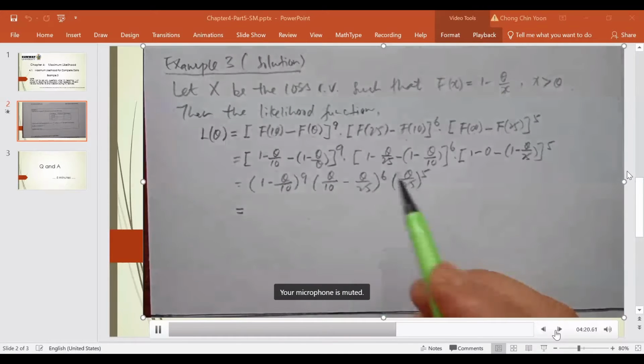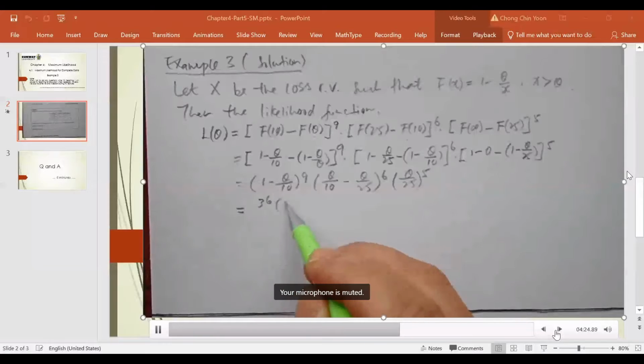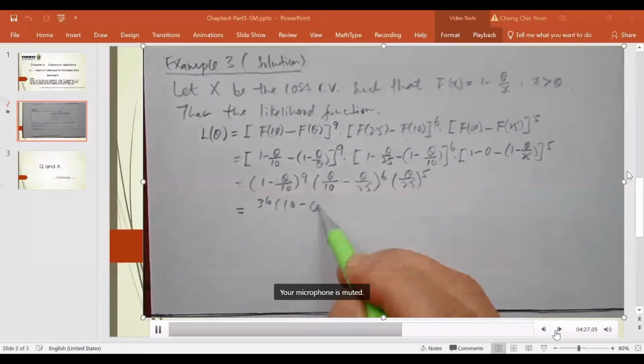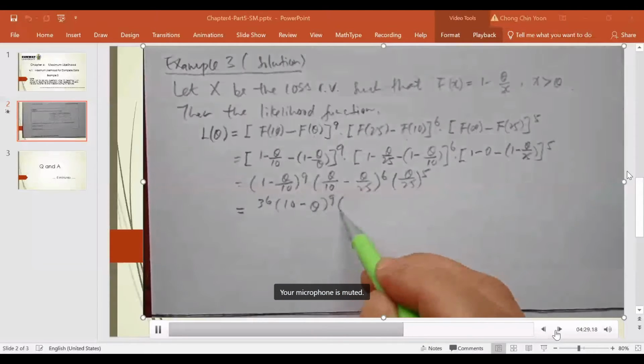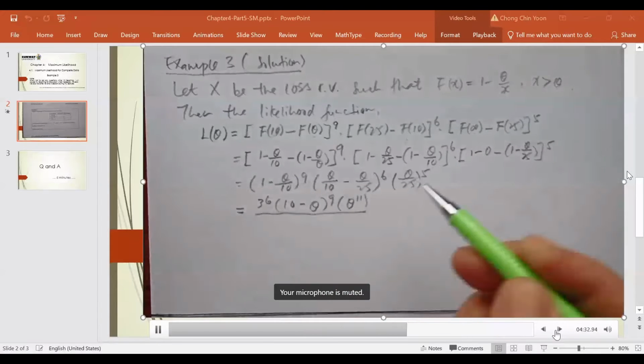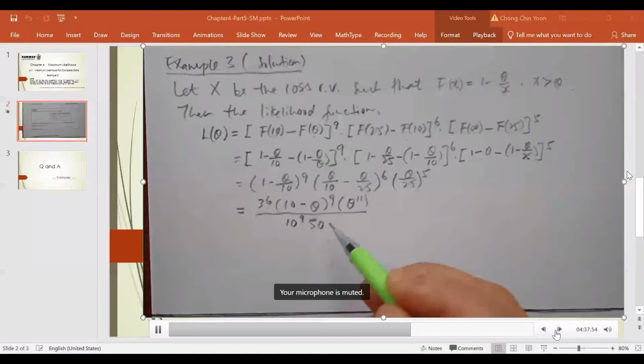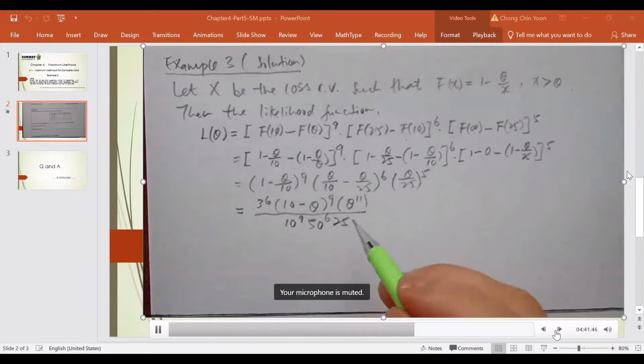And this will give the result as 3 to the power of 6 times 10 minus θ to the power of 9 and multiply θ to the power of 11 divided by 10 to the power of 9, 50 to the power of 6 times 25 to the power of 5.